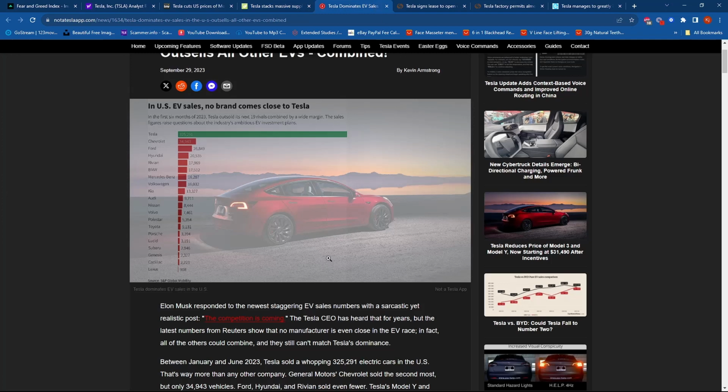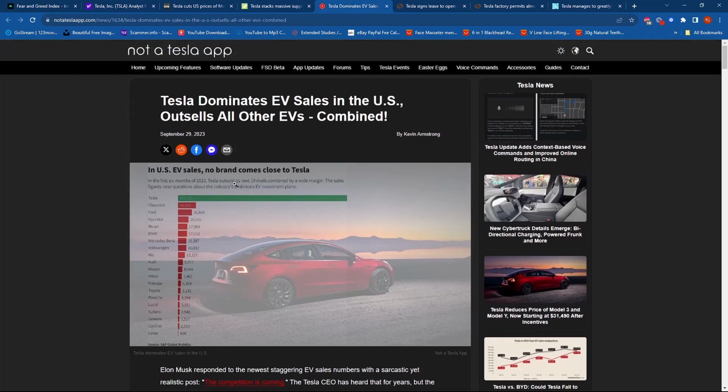Alright, on to the next one. We've got Tesla on the more financial side. Tesla dominated EV sales and outsells all other EVs combined. In my opinion, Tesla and EV is the future, and competition wise, there's nothing really that comes close to it.